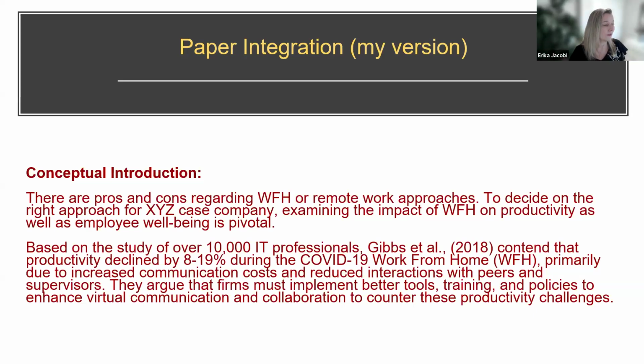They argue that firms must implement better tools, training, and policies to enhance virtual communication and collaboration to counter these productivity challenges. That's how I would, very fast first draft, integrate it.